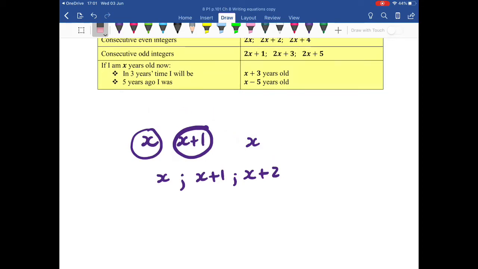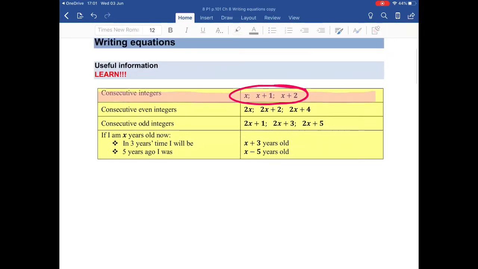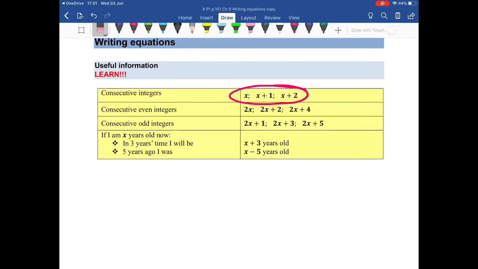I know this is going to sound a little bit odd at this point in time, but as we come to use it, you will see why I'm introducing it here. Okay, so the next one, in fact, I want to look at these two together, consecutive even numbers, consecutive odd numbers. So even numbers are 2, 4, 6, and so on.